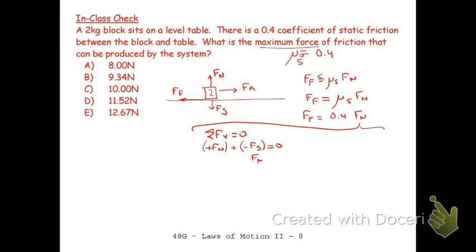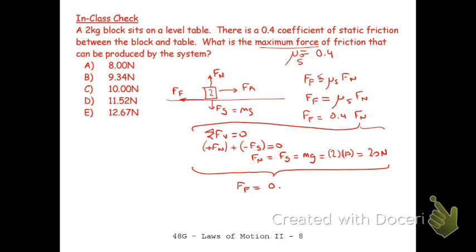So Fn is equal to Fg, and Fg I know always equals mg, because W equals mg, which equals 2 times 10, which equals 20 newtons. And then I say, well, in that case, FF is equal to 0.4 times 20, which equals 8 newtons.